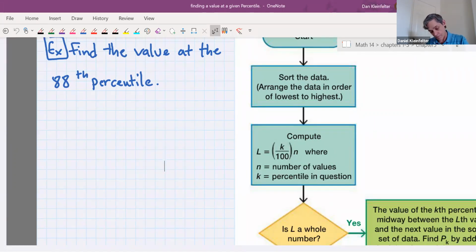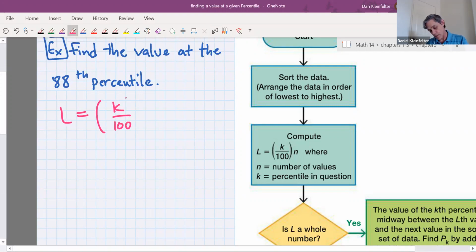So let's try. L is K over 100 times N. K is the percentile in question, so here this is the 88th percentile. And N is the number of values.